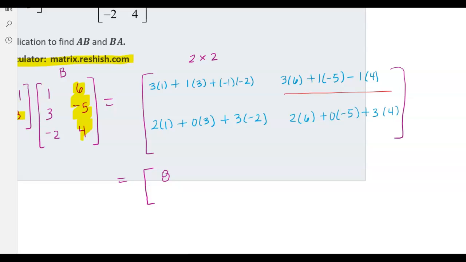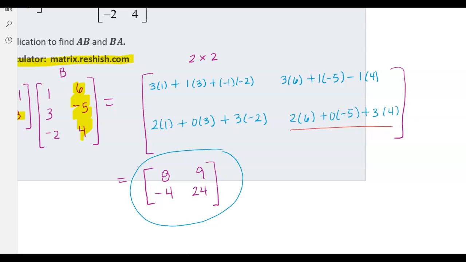Here I've got 18 minus 5 minus 4, so that'll be 9. Here, 2 plus 0 minus 6, 2 minus 6 is -4. And then here, we've got 12 plus 12, we've got 24. So this is my final solution here, this 2 by 2 matrix.